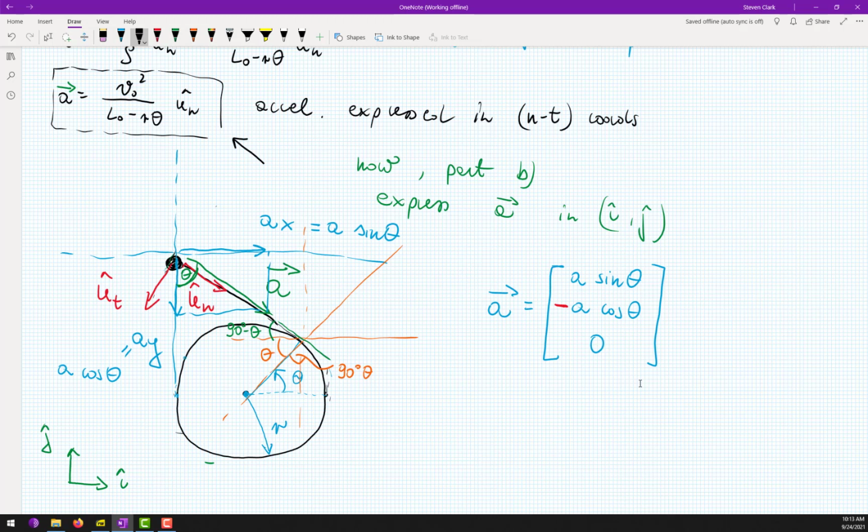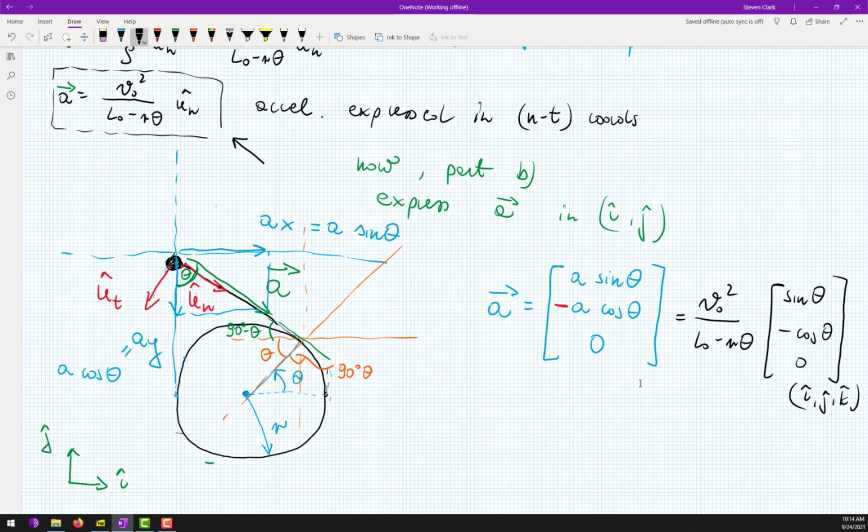So in other words, this is equal to V0 squared, L0 minus R theta, sine theta, minus cosine theta, 0. This is expressed in i, j, k.